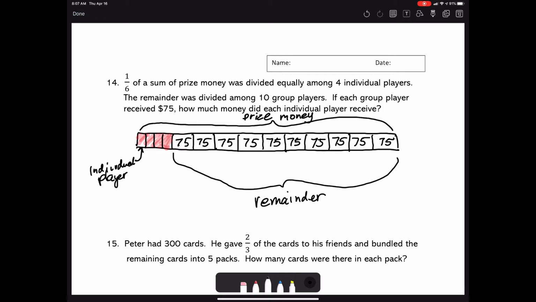Well, if I go back and remember that each of these portions is a 6th, then I know that each of these 6ths are an equal amount.